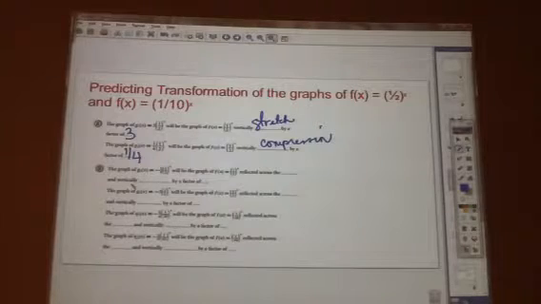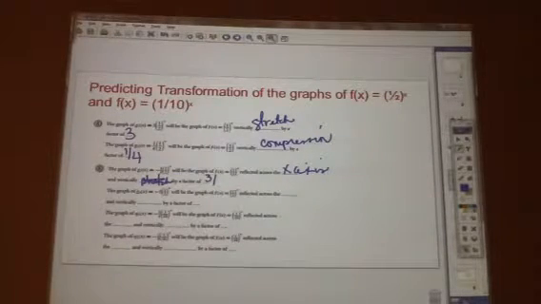The graph of g of x equals negative 3/4 times 1/2 to the x will be the graph of f of x equals 1/2 to the x reflected across the x-axis and a vertical stretch by a factor of 3/4. No, I'm on the wrong one. Did I skip one? I'm sorry, I did.